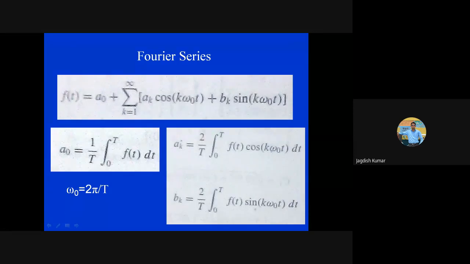So now the question is, what is the relation of this Fourier series with the reciprocal lattice, which we are going to discuss?